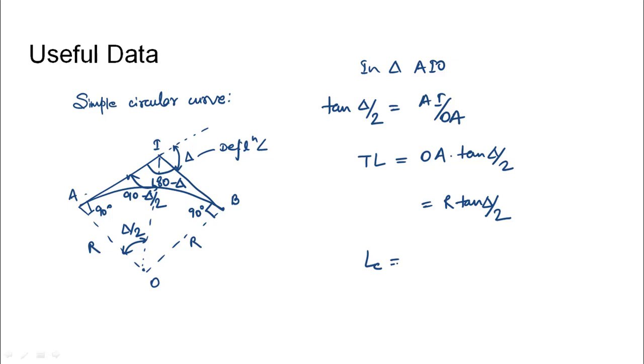Similarly, the length of the curve would be equal to pi into the radius of the curve into delta divided by 180 degrees. Here delta should be taken in degrees. These two relations 1 and 2 will be utilized in solving the problem.